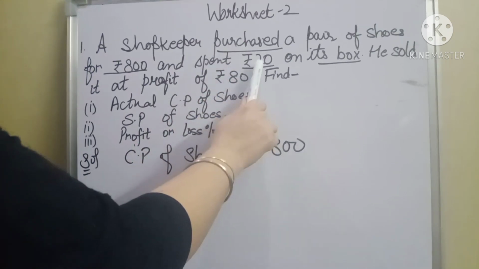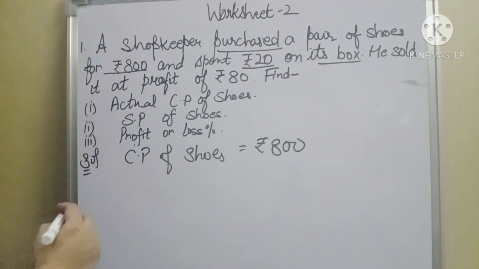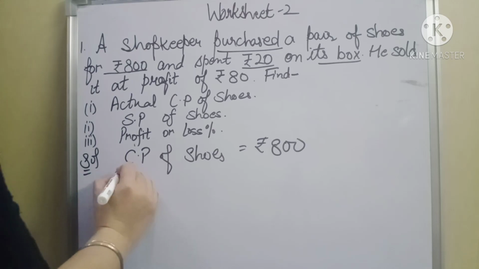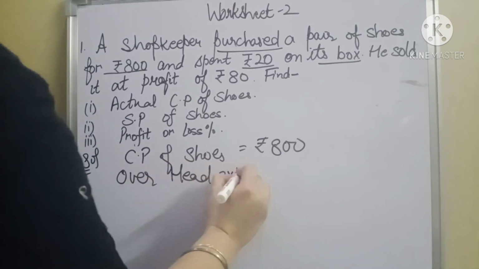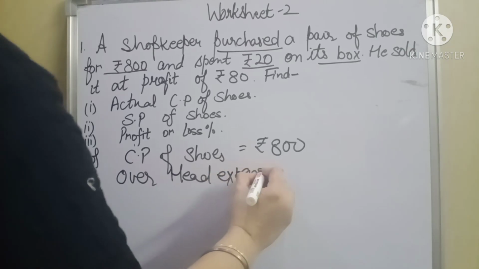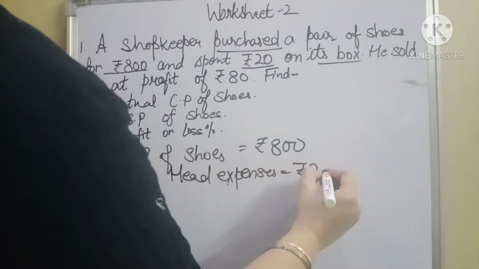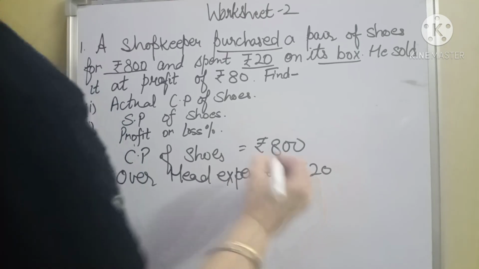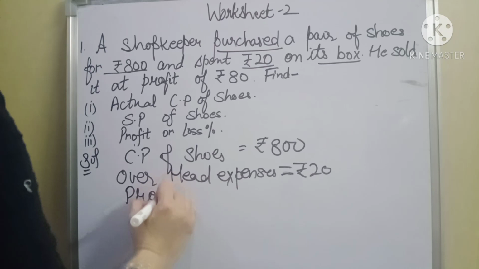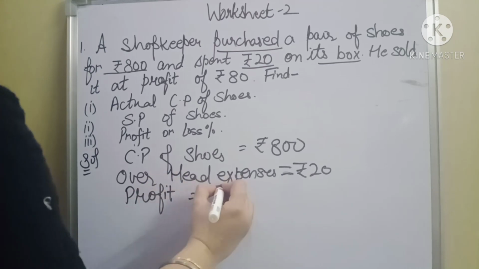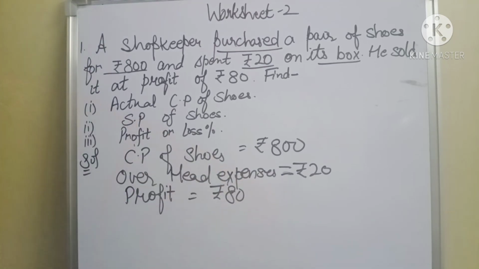He spent 20 rupees on its box. This 20 rupees is overhead expenses. The shopkeeper earned a profit of rupees 80.